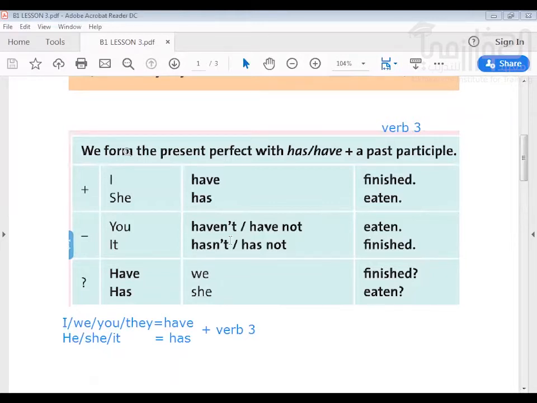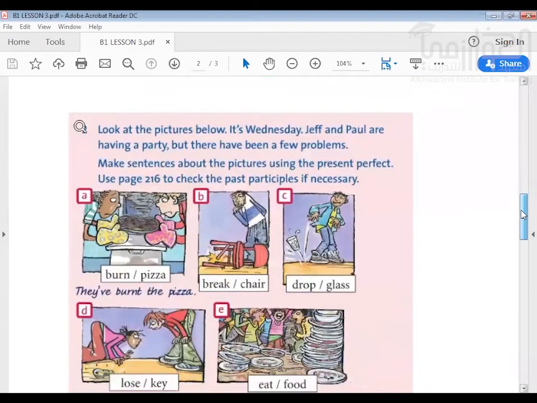Now, in English, for nafi, we add not after have or has. Good. Okay, so now we can look at some exercises about this.